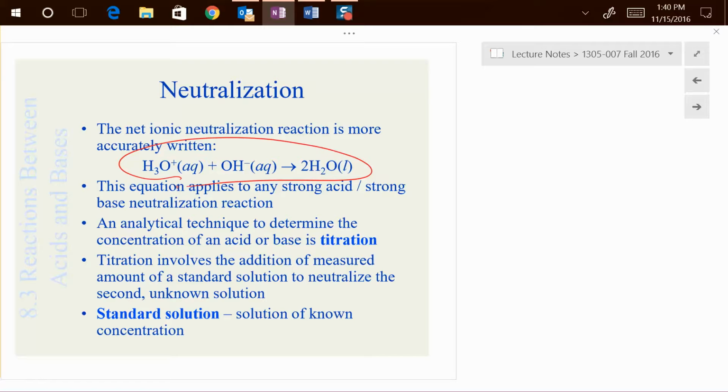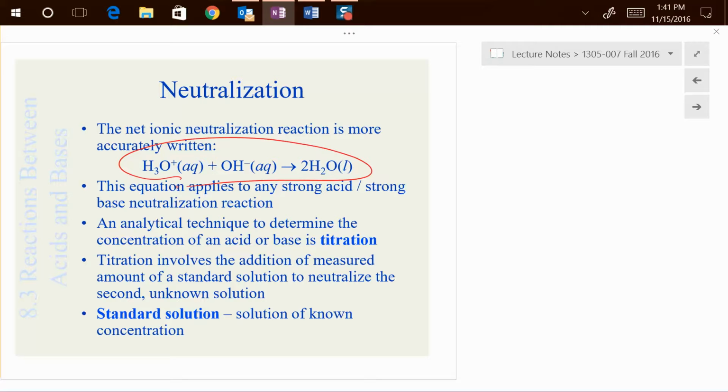So an analytical technique to determine the concentration of acids and bases is titration. And we did a titration in the lab. You guys have done that. If you've taken the lab, you've done that. Okay? Where you take a base, sodium hydroxide, you titrate an acid like hydrochloric acid. Or we titrated vinegar as well. And you could find the concentration of either one of those because of this H plus OH minus produces water reaction.